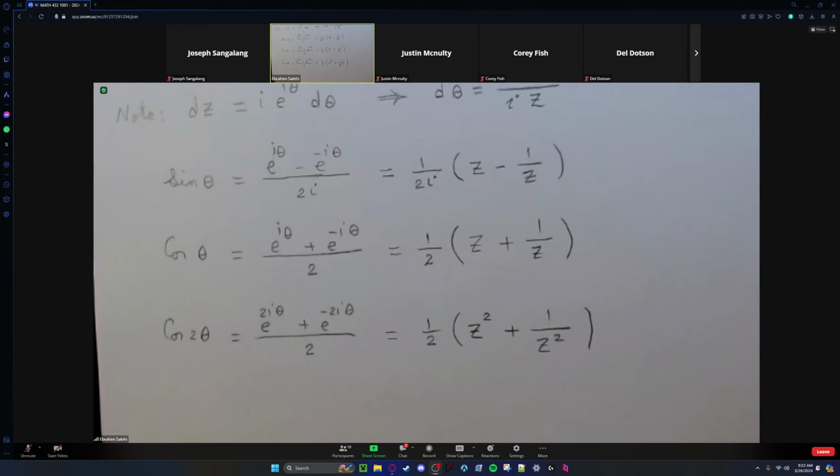We could have sine of 3 theta with the same argument, all right?